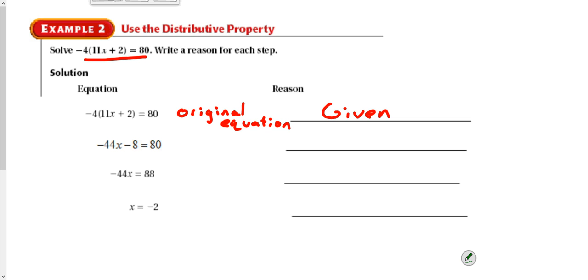But then to get from that to negative 44x minus 8 equals 80, what did we have to do? We had to distribute negative 4 to 11x and plus 2. So we had to multiply negative 4 times 11x and plus 2. But even though we are multiplying here, this is the distributive property. We had to distribute into the parentheses.